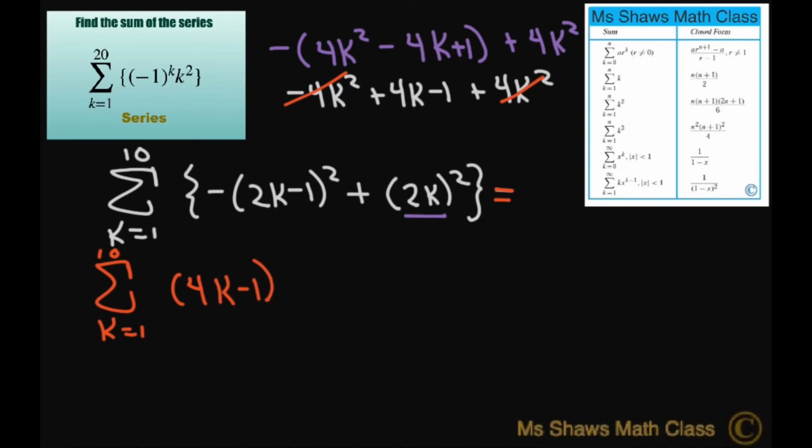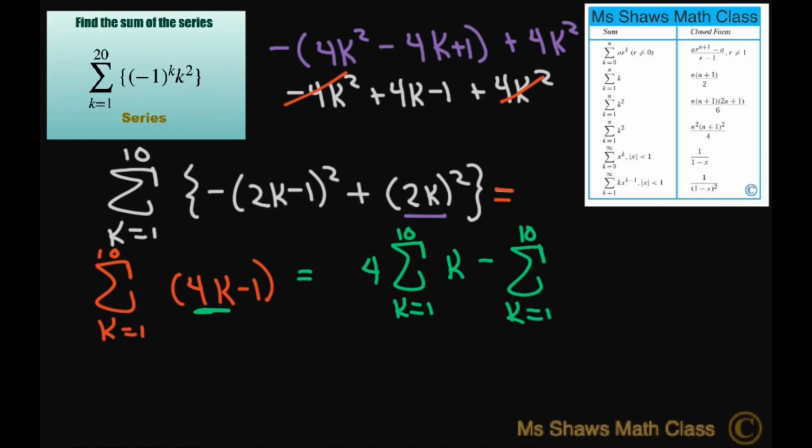All right, so let's simplify all this. I'm going to split it up. So I'm going to bring out the 4 and say 4 times the sum from k equals 1 to 10 of k, minus the sum from k equals 1 to 10 of negative 1.